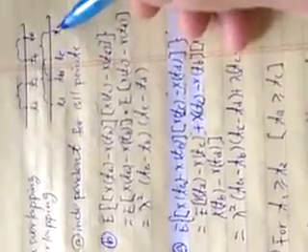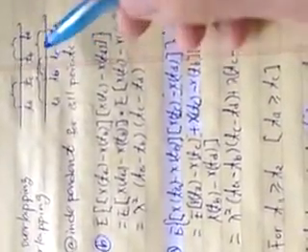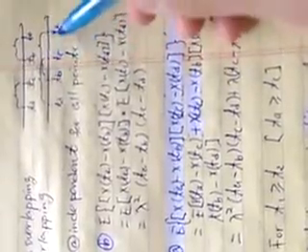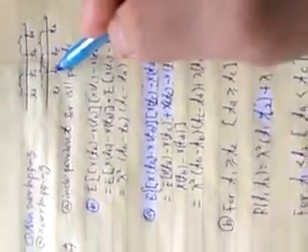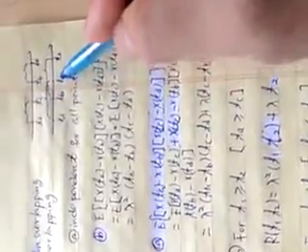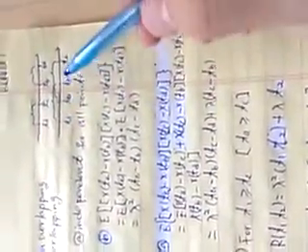The expected value will become TA minus TB, multiplied by TC minus TD. Let's repeat: TA minus TB, that's this one, and TC minus TD, that's this one. We need to solve this.